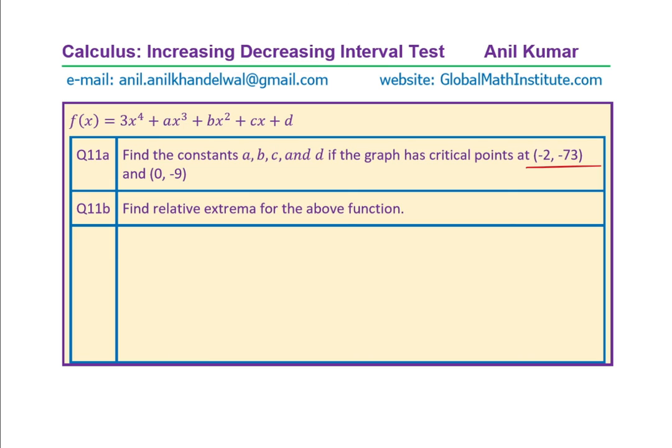So from the critical points, you can easily find the equations, right? 4 unknowns, you need 4 equations. So 2 you will get from the function itself, and 2 you'll get from the derivative equal to 0. You get the idea. Use the given points and then try to do it.